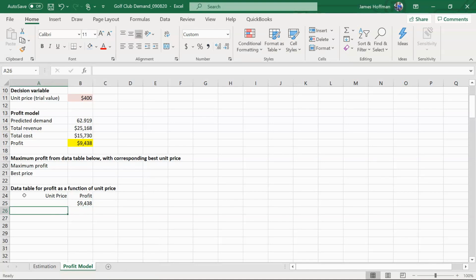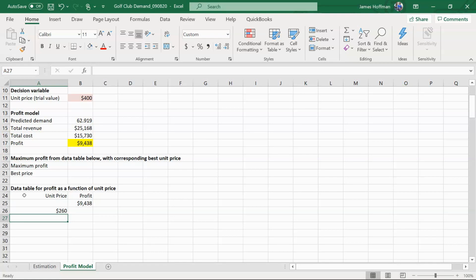Then we're going to list a whole bunch of possible unit prices, starting with 260. So in A26, you can type in 260. We're going to start counting by 20, and you can type in the first couple, and then Excel can count the rest for you.